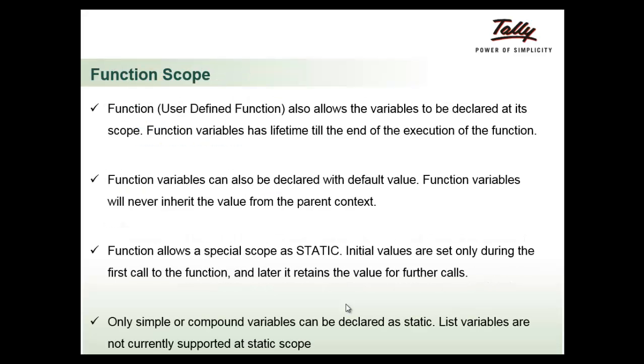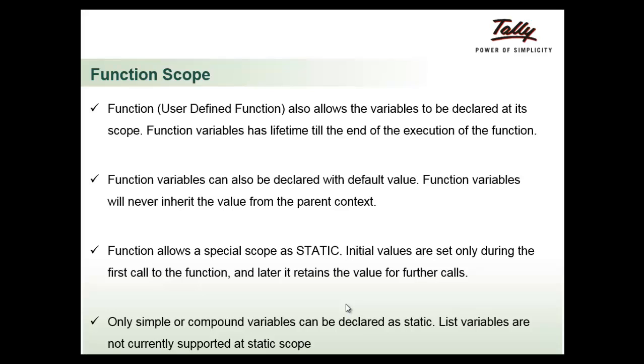So moving on to the function scope. We can also declare the variables at the function scope, and then the variable has the lifetime from the start of the function till the end of the execution of the function. The function allows a special scope called static, and the initial value of the static variable is set only once, that is in the first call of the function, and in the subsequent calls the variable retains the value from the previous call.